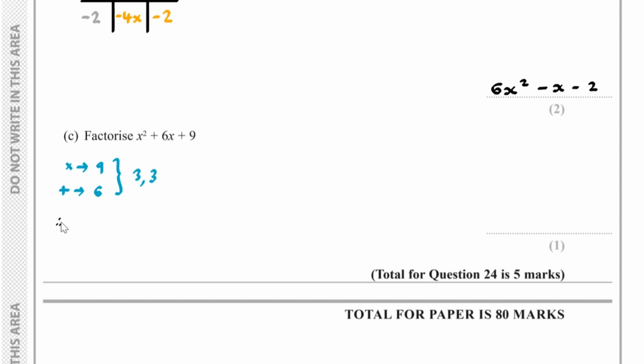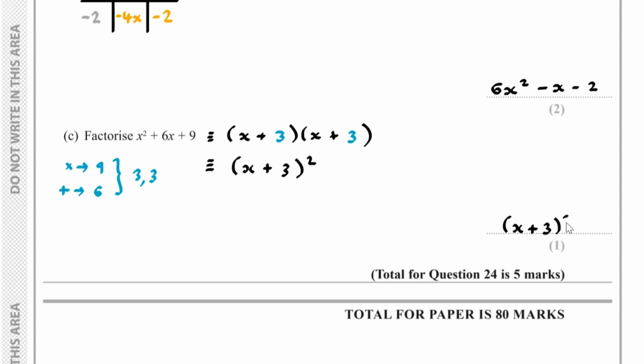And therefore, when we come to factorize, we have x plus 3 multiplied by x plus 3, which is the same as x plus 3 squared. So we have x plus 3 squared.